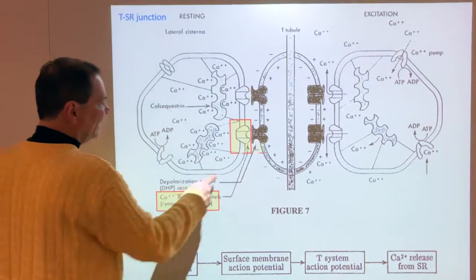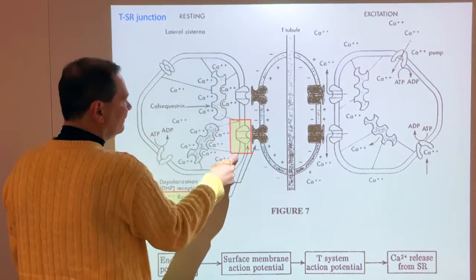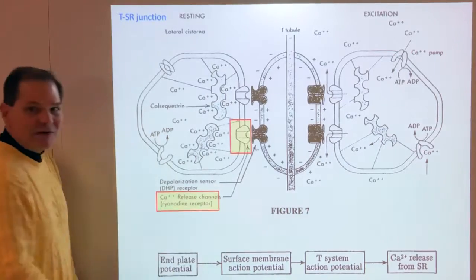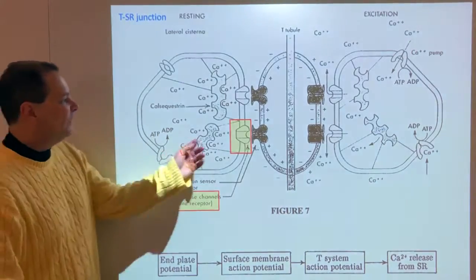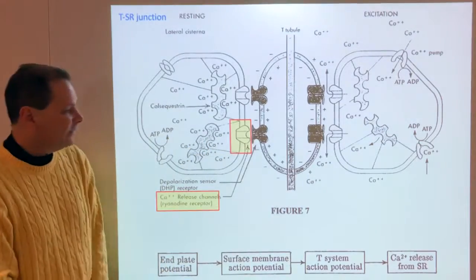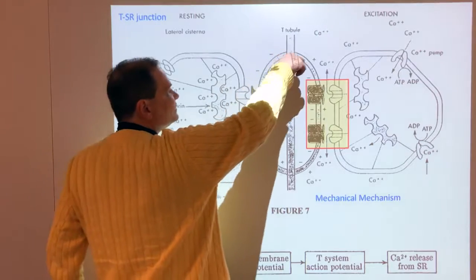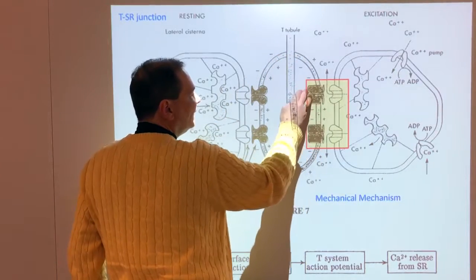Here we have ryanodine receptors in the sarcoplasmic reticulum membrane. Those, as you'll recall, are SR calcium release channels, and your calcium release is going to obviously take place through those channels. So your action potential comes down your T-tubule membrane.